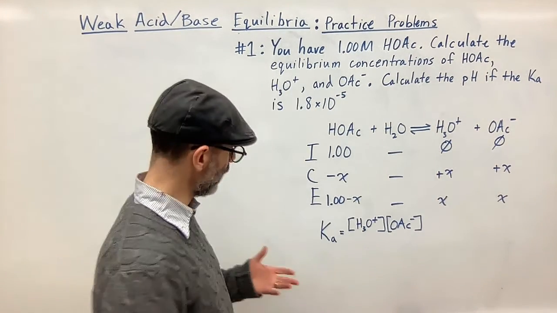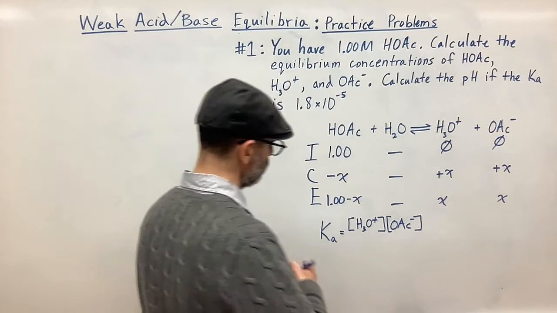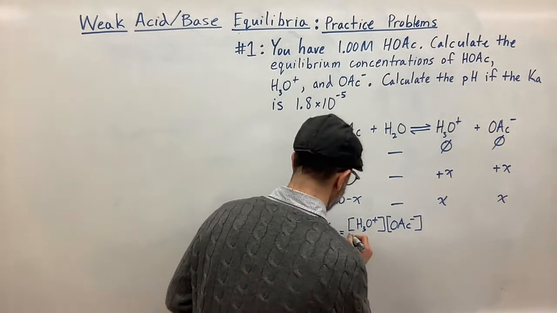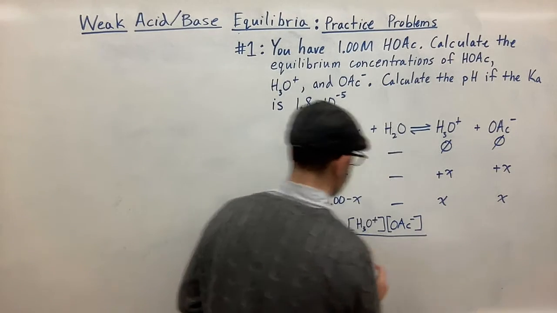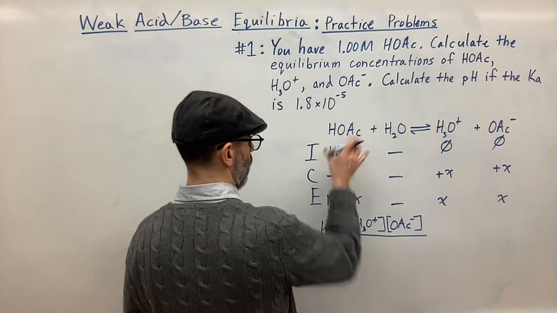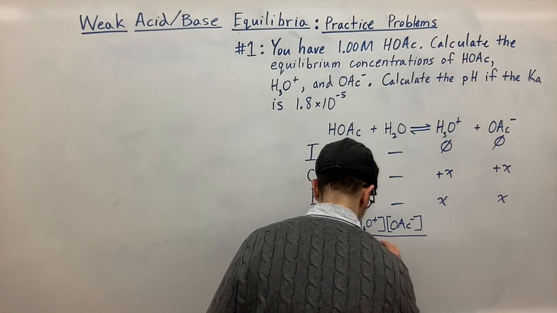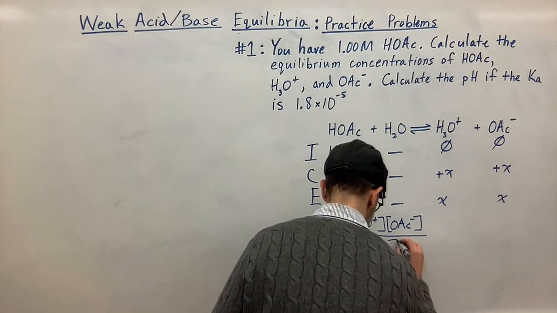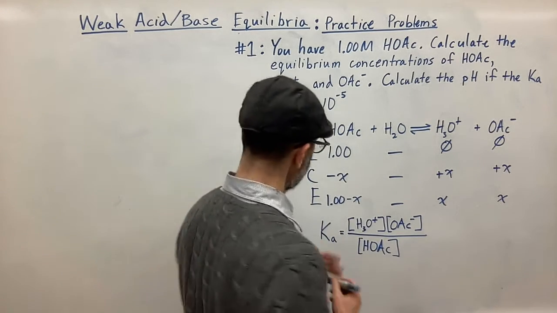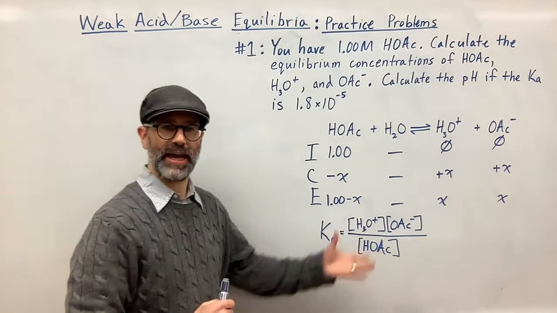Sorry about that. Lights went out again. So here we go. That's going to be over the concentration of our acetic acid, which is HOAC. So there's our equilibrium expression, our Ka expression.